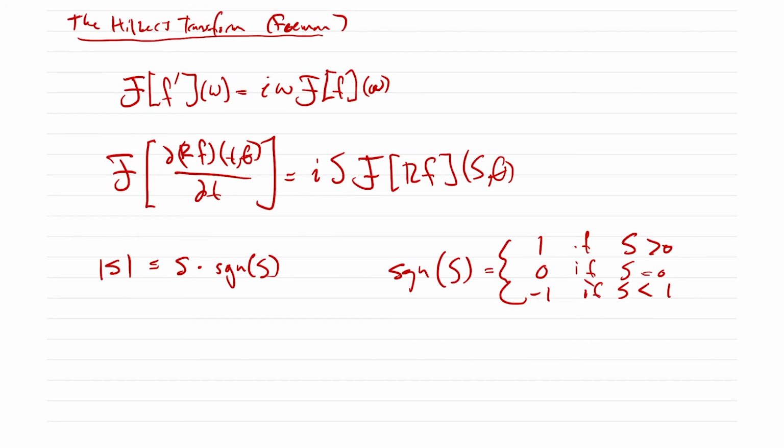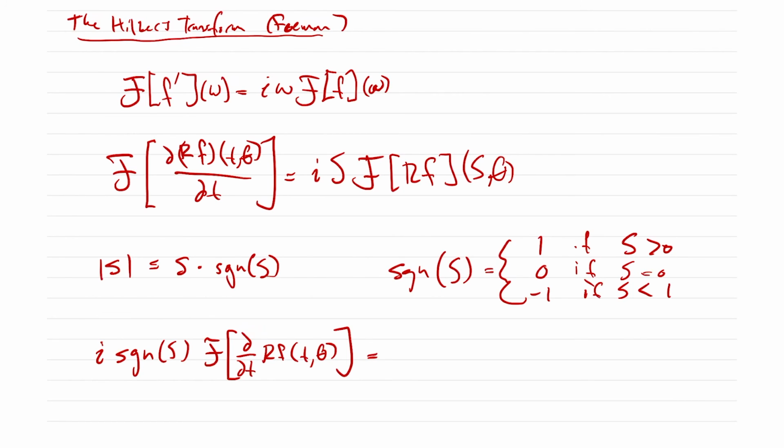Oh, and we're going to multiply by I. And so we're going to get I times the signum of s times the Fourier transform of the partial derivative with respect to t of the Radon transform of f evaluated at t, theta.